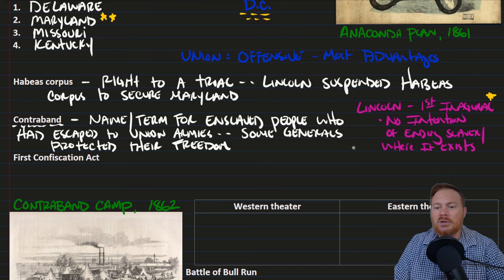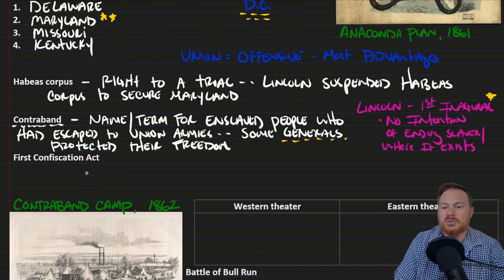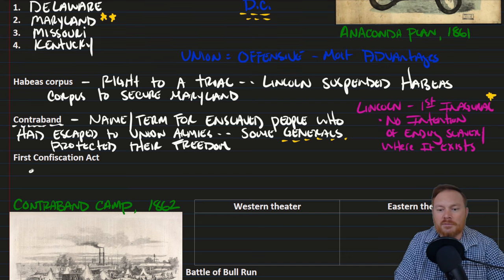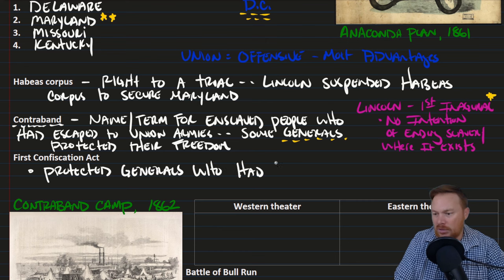Congress, weighing in on this decision, favored the select generals who were offering this protection. And so they passed a law called the First Confiscation Act. This protected generals who had taken quote unquote contraband.